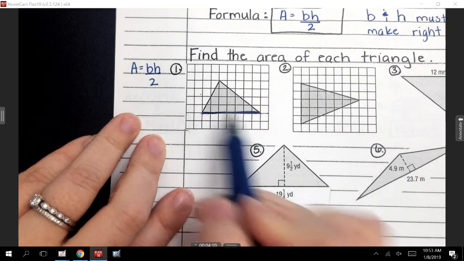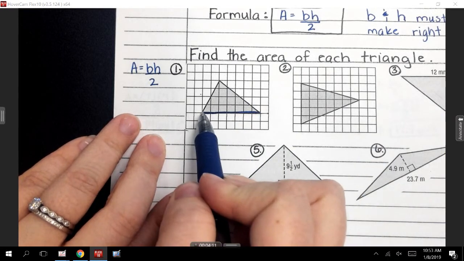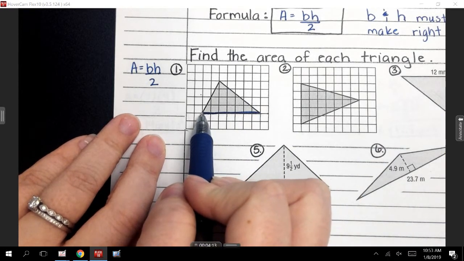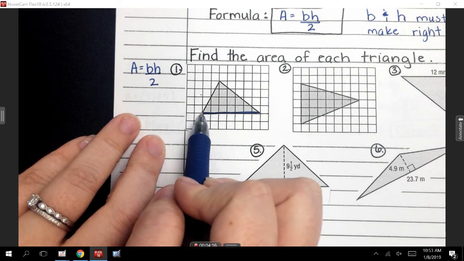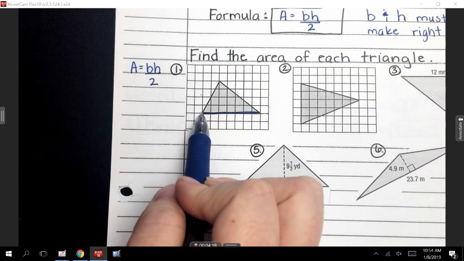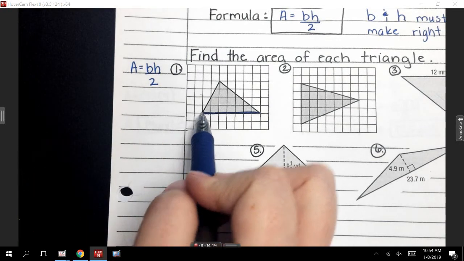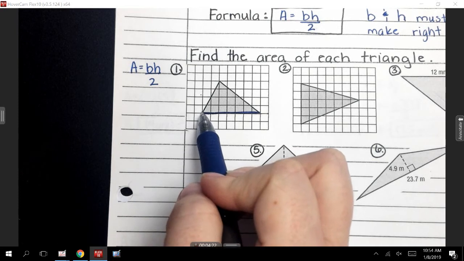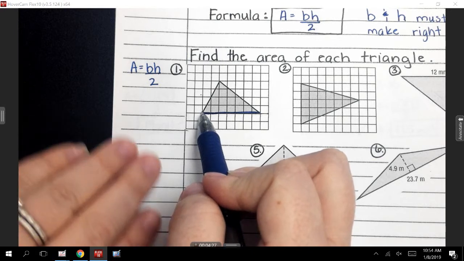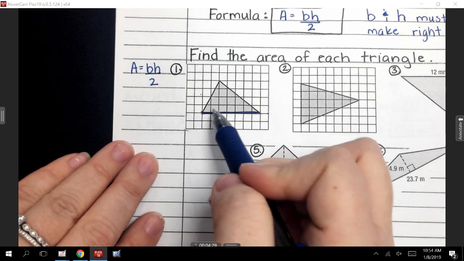What I want you to do, guys, is put your pencil at your starting point. You can start at either end. I'm right-handed, so I'm going to start on the left. You can start where you want. Put your pencil at your starting point, and I want you to count in your head. I'm going to count in my head, and then we're going to see if we get the same number, okay? So put your pencil and let's see if we can count and get the same number.